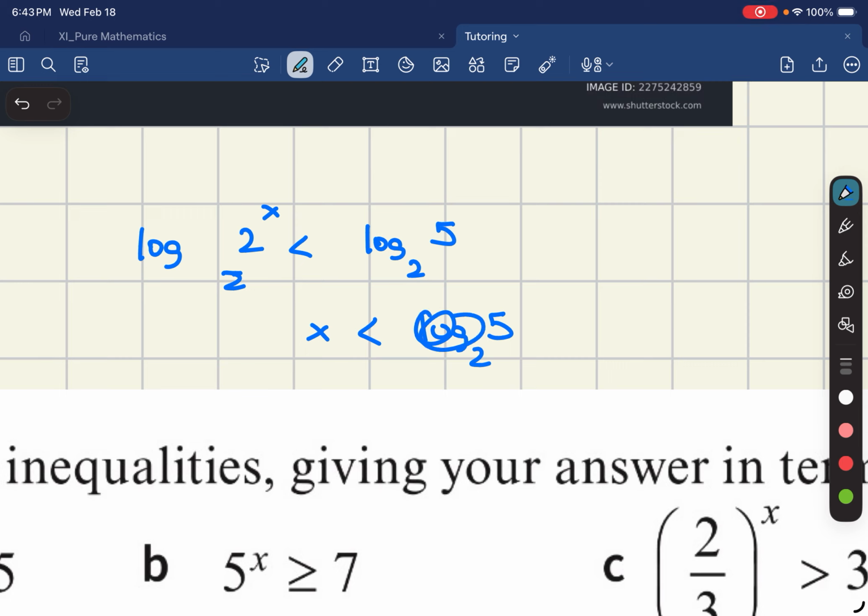And log base 2 of 5, I'm not sure if your calculator is programmed to calculate other bases, but you can use a change of base because your calculator is not allowed to take in base 2, but it can take in base 10.